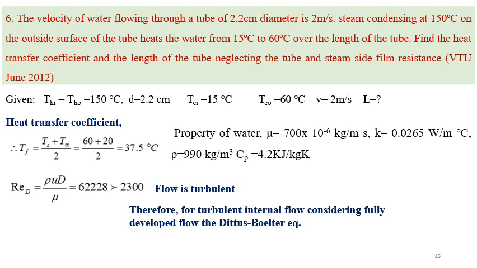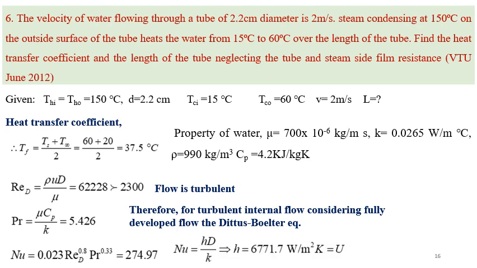Then Prandtl number is not given, so Prandtl number is equal to mu Cp by K, knowing the mu value and Cp value. It is 5.426, or else you can directly note it down from the data input. The Dittus-Boelter equation for Nusselt number is Nu is equal to 0.023 Re to the power 0.8 into Prandtl number to the power 0.33. So substituting Reynolds number and Prandtl number, we can calculate Nusselt number is equal to 274.97.